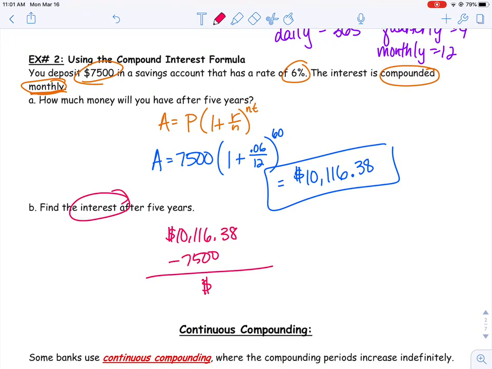And so at the end of 5 years, by just putting that money in the account, how much money extra did you just earn in interest? I ended up getting $2,616.38 in just interest. Pretty cool, huh? All right, I'll stop it for now, let you practice those examples.